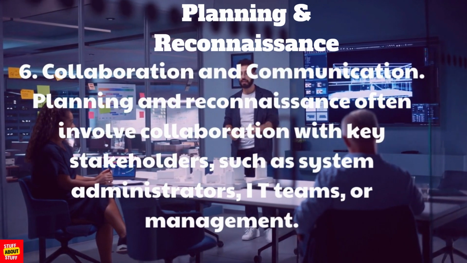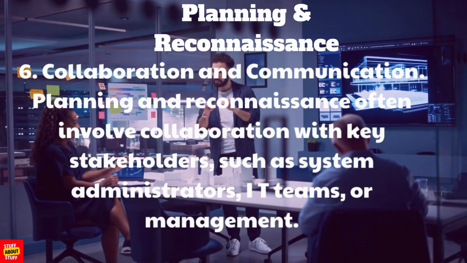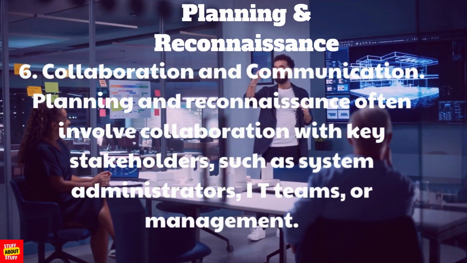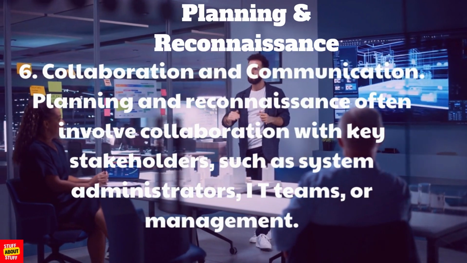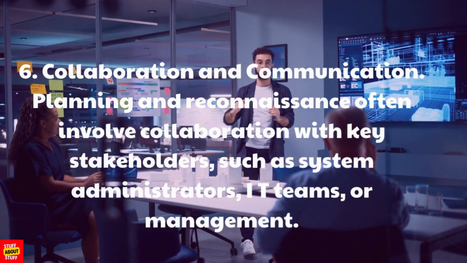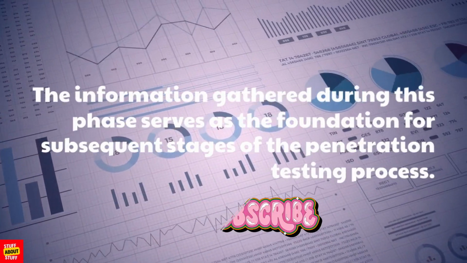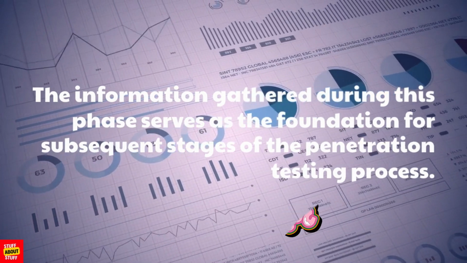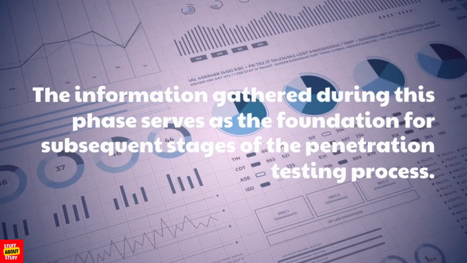Collaboration and communication. Planning and reconnaissance often involve collaboration with key stakeholders, such as system administrators, IT teams, or management. The information gathered during this phase serves as the foundation for subsequent stages of the penetration testing process.